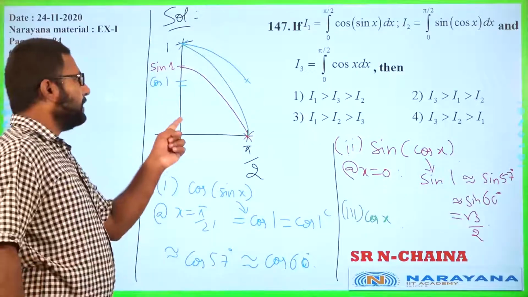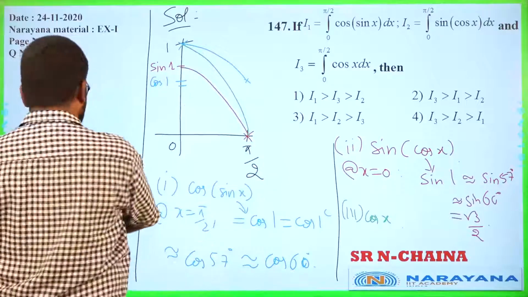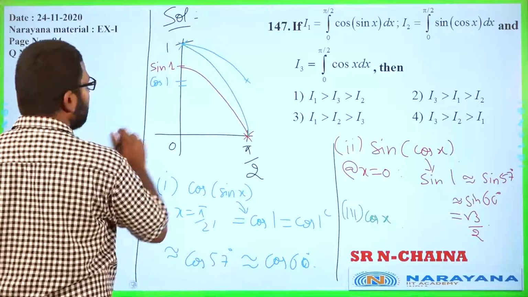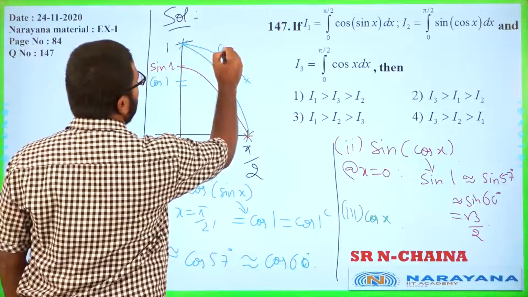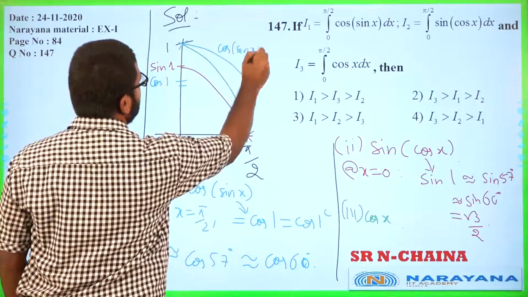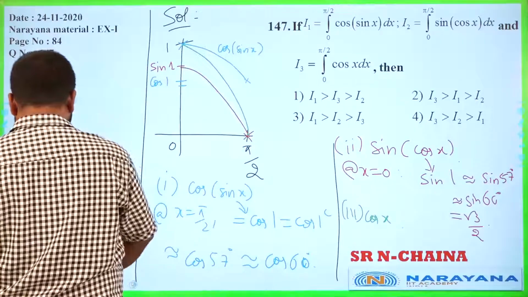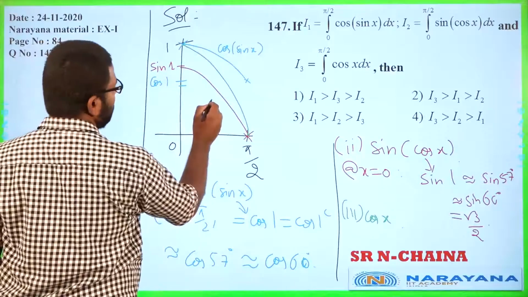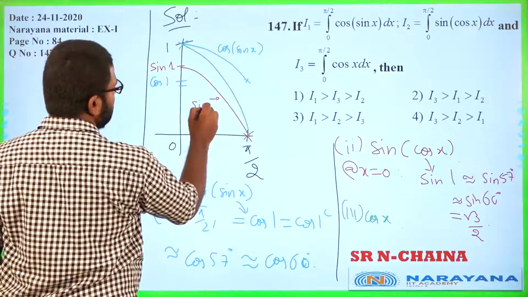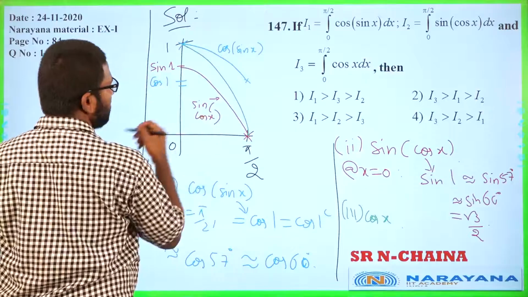Okay, the graphs are in front of you. If you want, let us just quickly label them. This is cos of sin x. This one is sine of cos x.